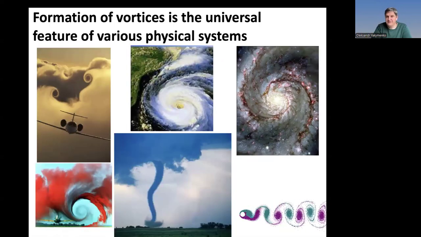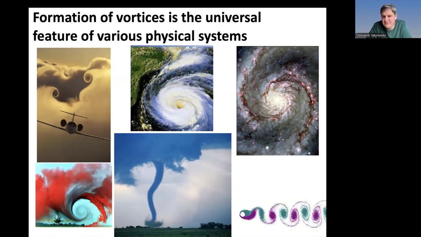But first of all, I'd like to say a few words about vortices, which will be a bridge between all the subjects I will discuss today, because I'm really interested in vortices, which are a universal structure in various physical systems, in the atmosphere, in space. Vortices are everywhere.